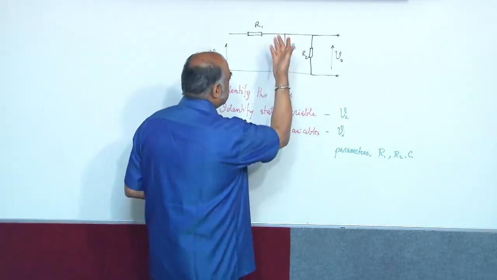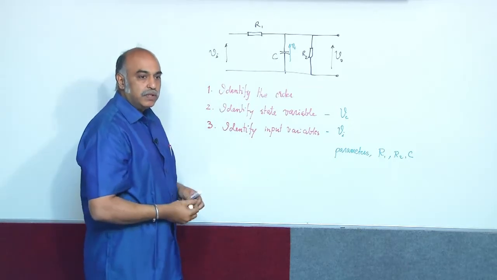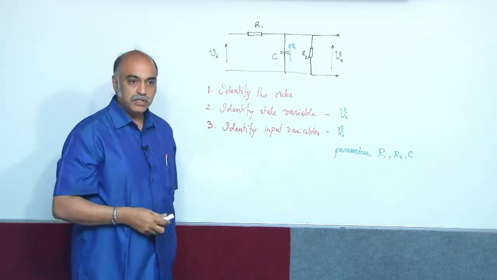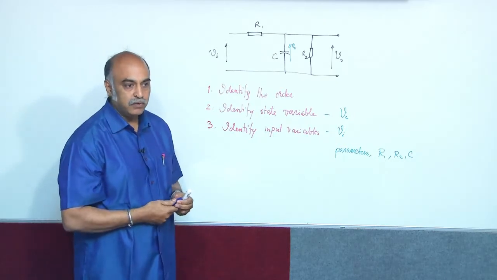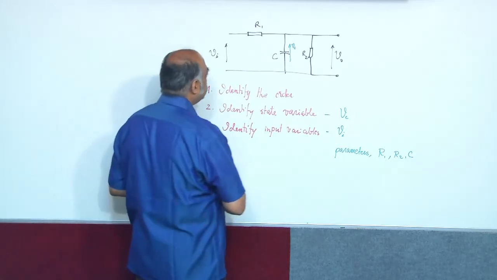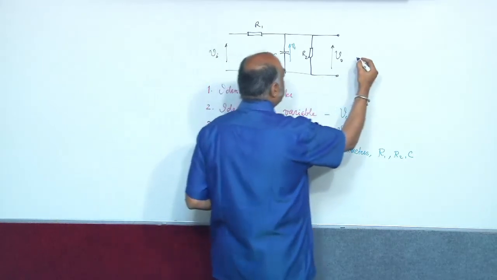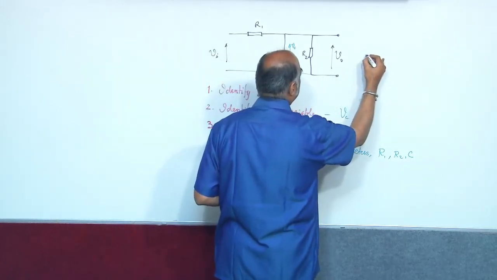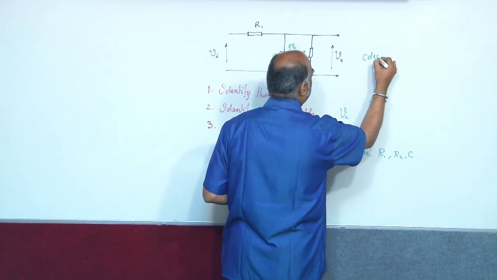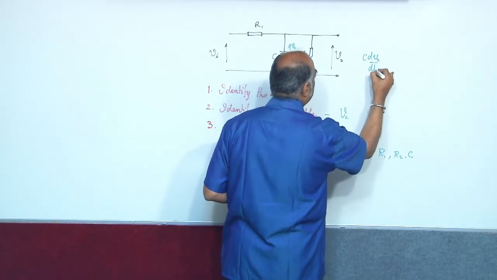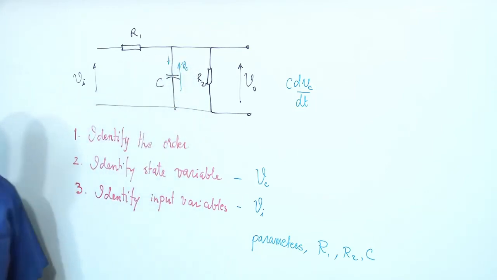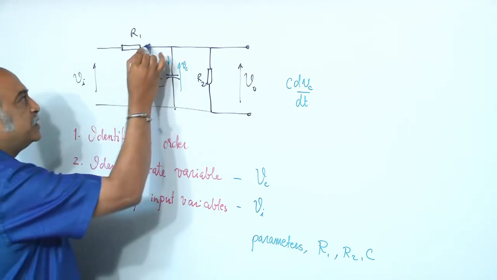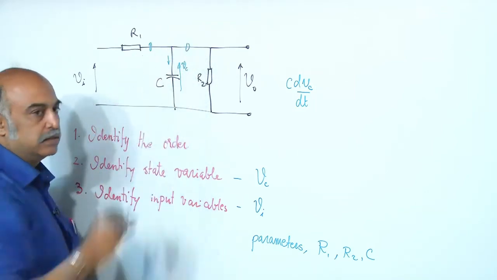In this case it is pretty simple. Go directly to the energy storing element and look at its dynamic equation. So, you will formulate it in this fashion. C dVc by dt is the current flowing through it, which is this minus this.